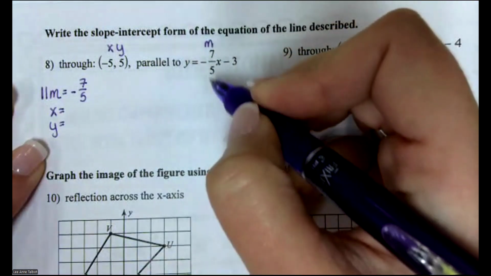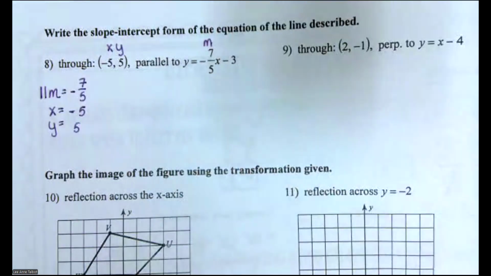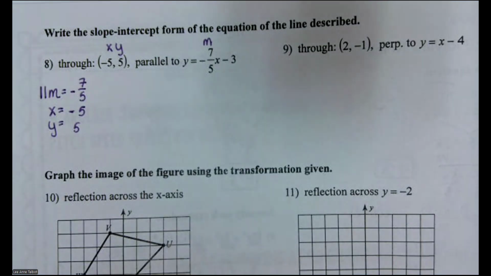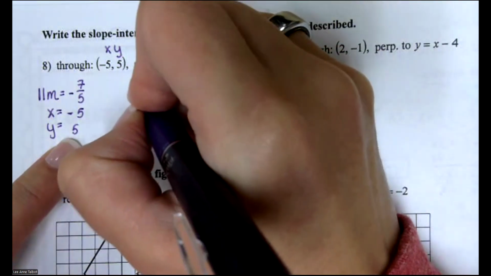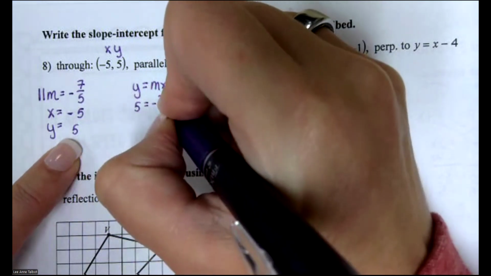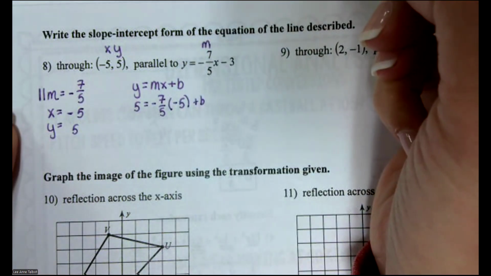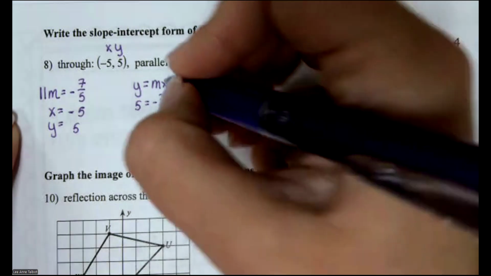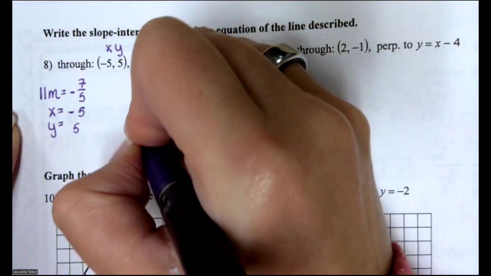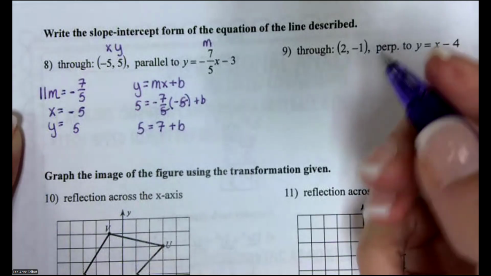We don't change it at all. X is -5, Y is 5. Now this one's a better one than the last one because the 5's cancel. But you do have a negative times a negative, which is a positive.